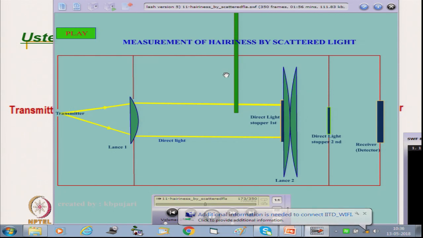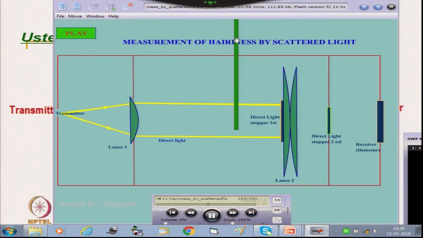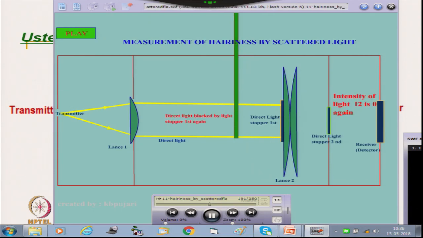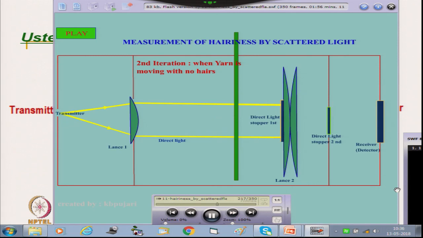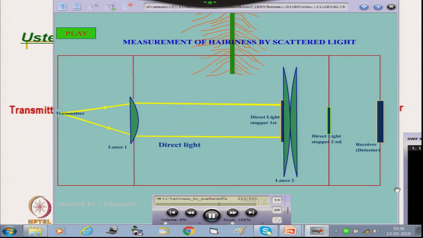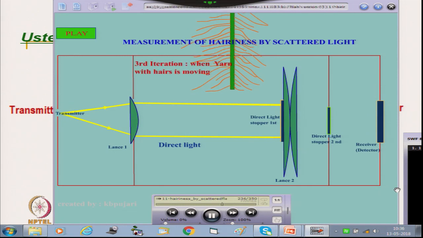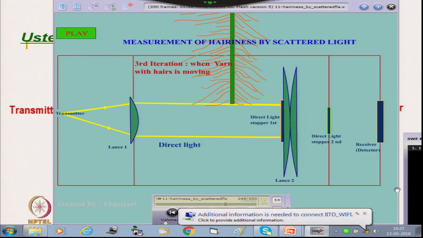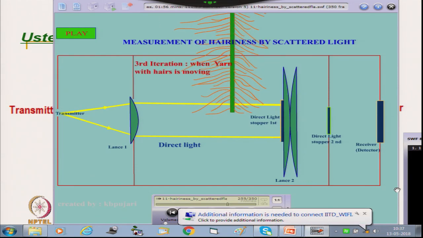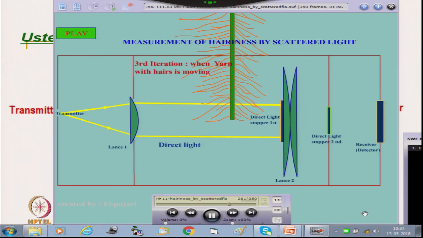When the yarn has no hairs, the ultimate impact will be the same, because it is not receiving any scattered light. Now, let us see a yarn with a large number of hairs.